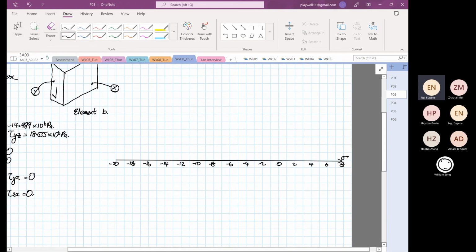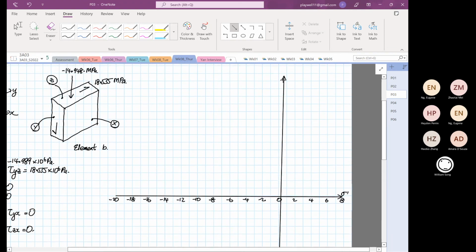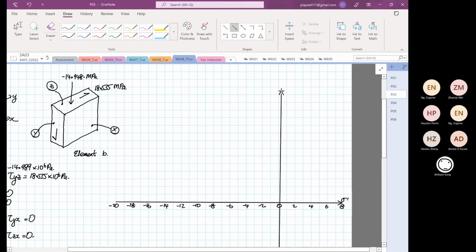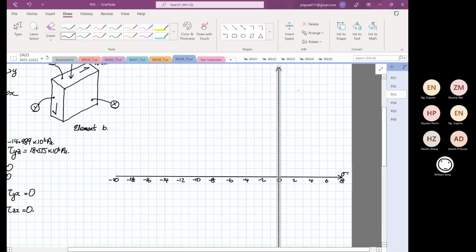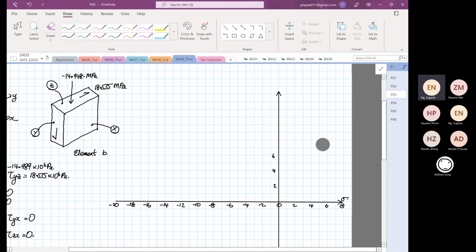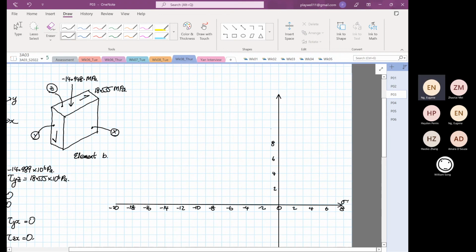Then our shear, 2, 4, 6, 8, 10. Not a good idea. I don't think I have enough space. 5, 10, 15. Not a good scale that I've done.